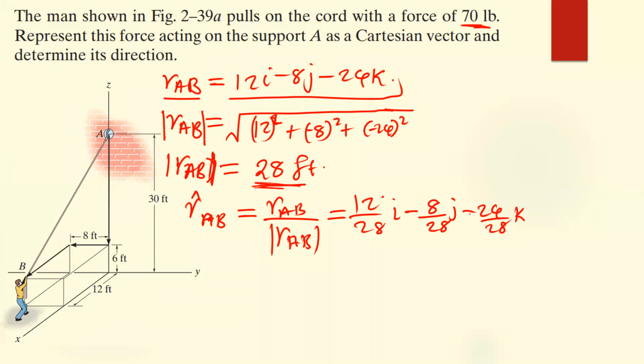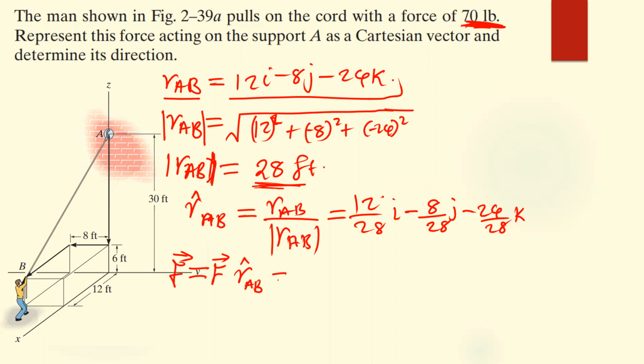So once you do the divisions there, to represent this force as a Cartesian vector, you now just multiply the force times the unit vector. When you multiply the force times the unit vector along the given line, the solution that you are going to get is simply a Cartesian force.